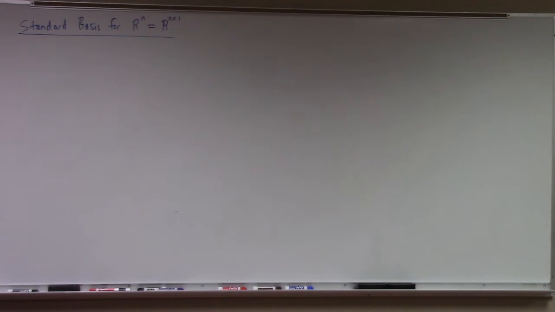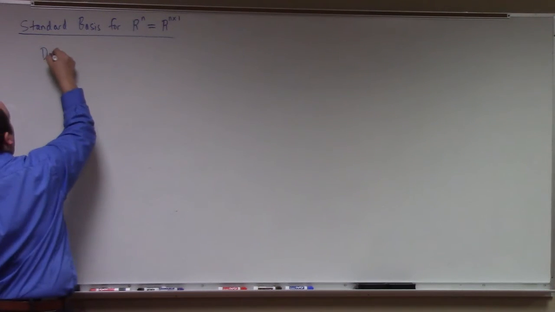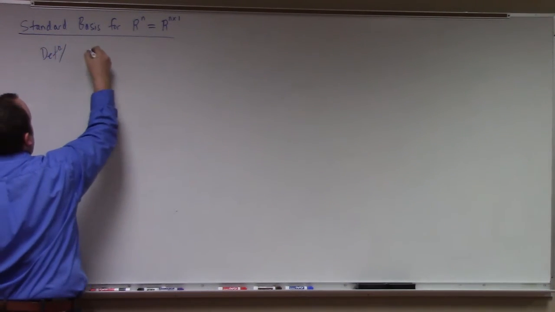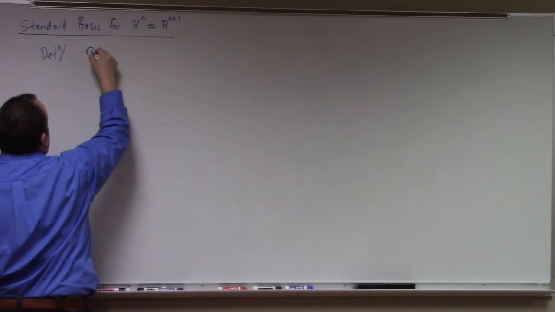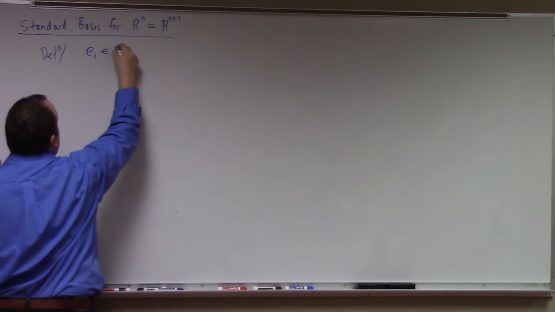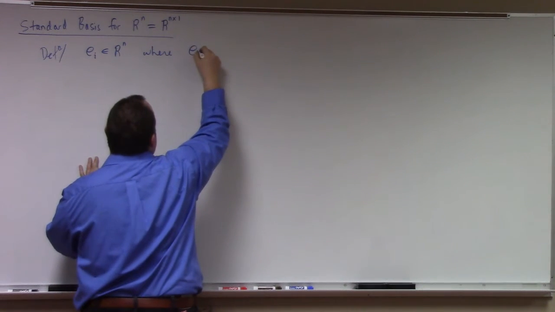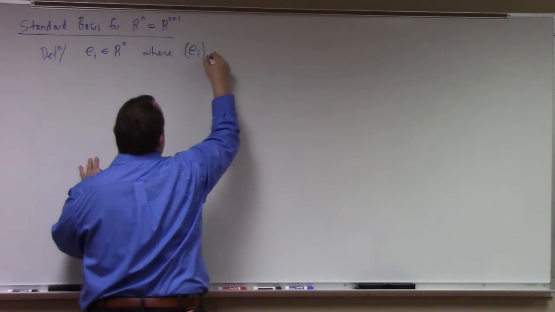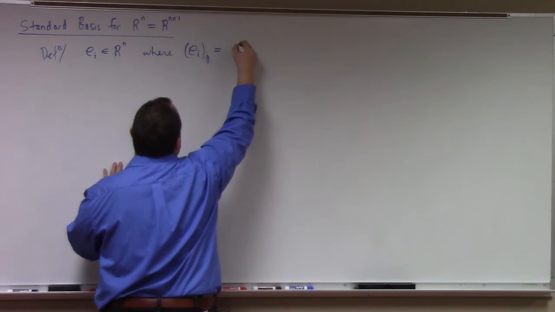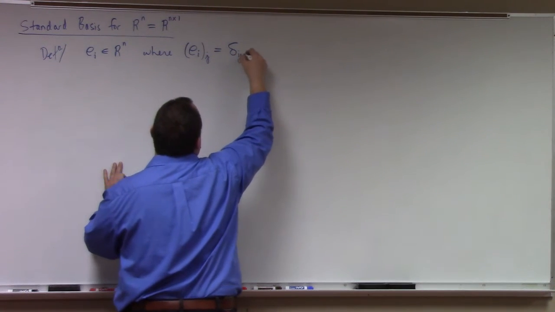So here we have to define e_i, an element of Rn, where the jth component of e_i is just equal to what's called the Kronecker delta ij.